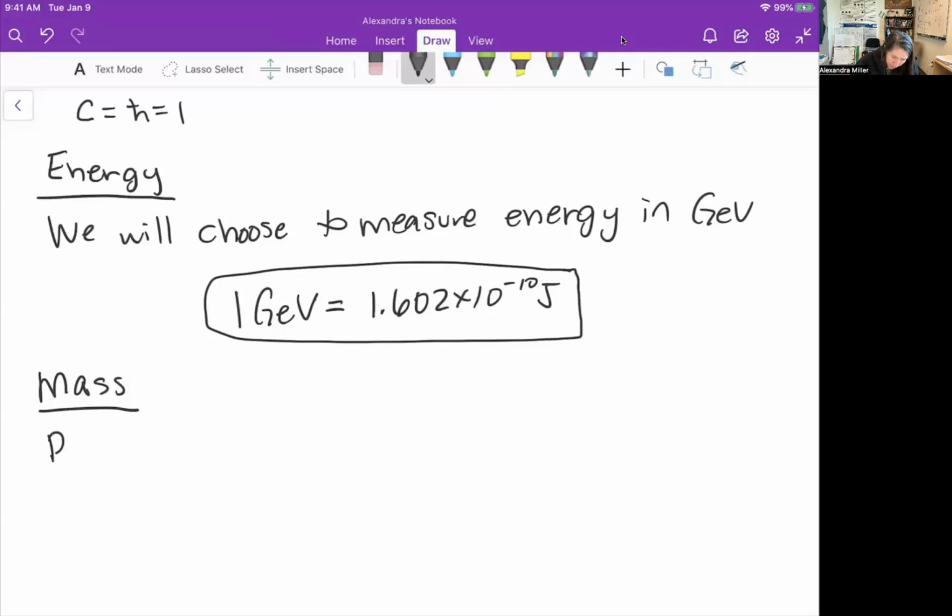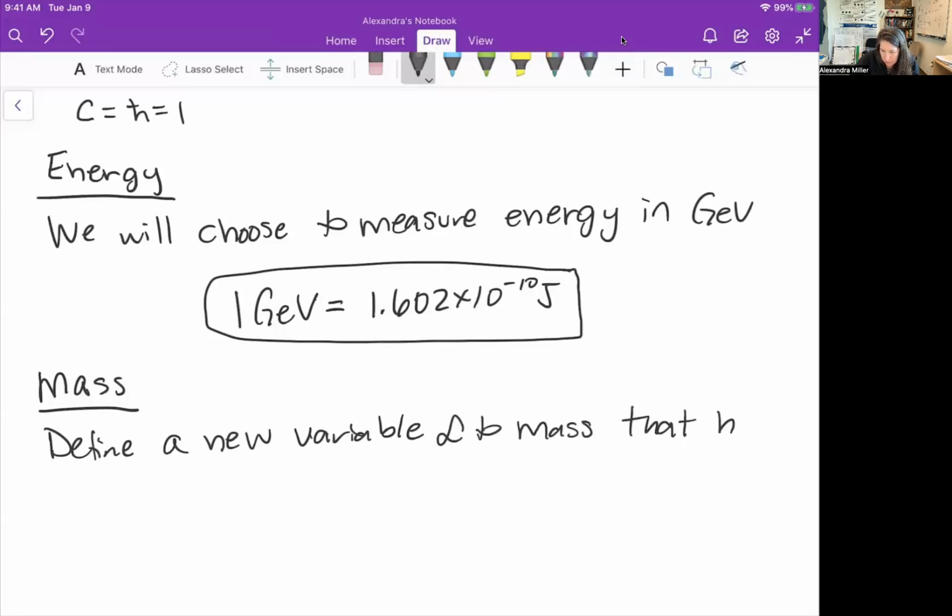So we want to define a new variable proportional to mass that has units which are GeV to some power.